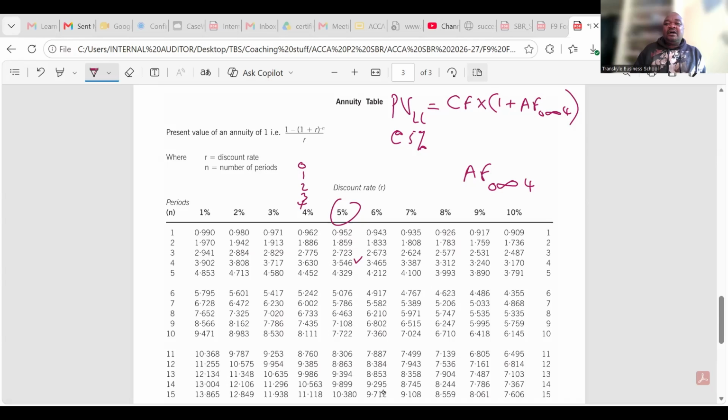So we are going to say this is equal to the cash flow, which was 5,000, multiplied by 1 plus 3.546, which is equal to 5,000 multiplied by 4.546.